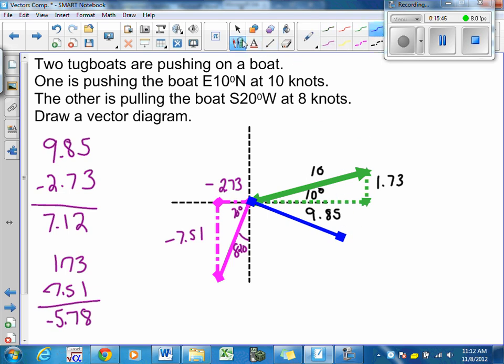Now I draw my right triangle with that new vector, and I know my sides. This side is negative 5.79. This side is 7.12. Now I can just do Pythagorean theorem.